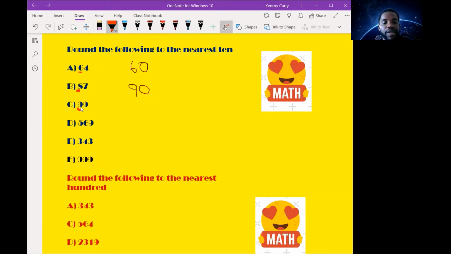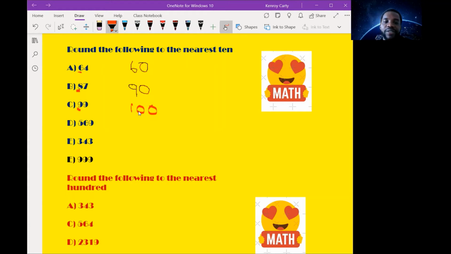I'm going to have to round this 9 up one position, but this is what is going to happen. If you round 9 up, it becomes 10. So you're going to have 1, 0. Of course, you realize that the 1 is now in the hundreds position. And this 9 in the ones position gets replaced by a 0. So 99 to the nearest 10 is 100.